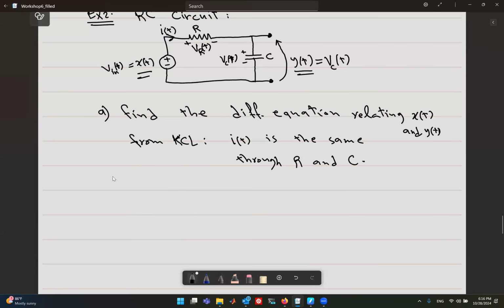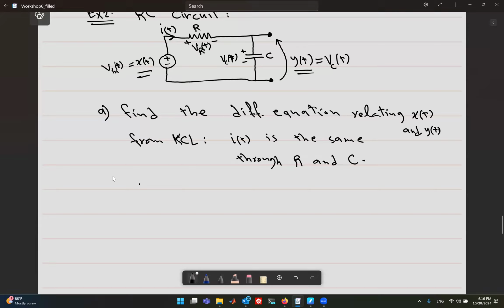Now, from Ohm's law, the voltage across the resistance is the current times the resistance.